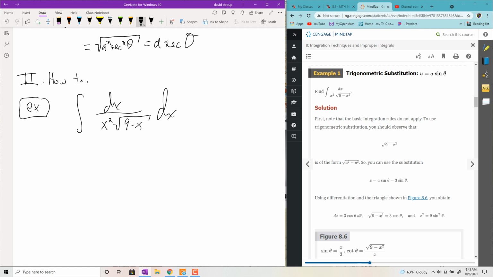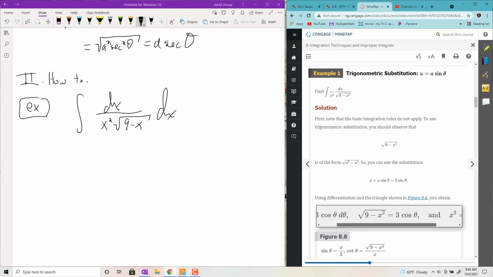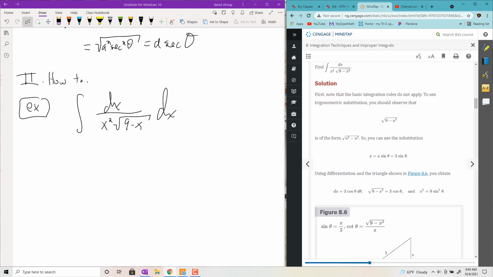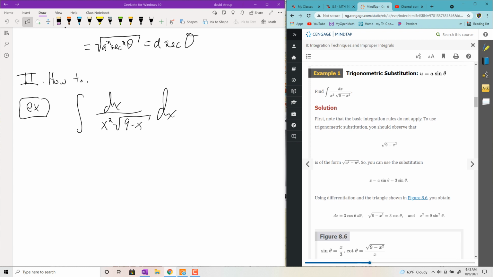I like to do everything inside the integral. While I'm computing the integral, I'll do my substitutions. So it may look a little bit different, like down here where I just highlighted in blue. They do all their work to the side and then do the substitutions. Like I said, my method is a little bit different, but I believe my method is probably superior. That's my opinion.